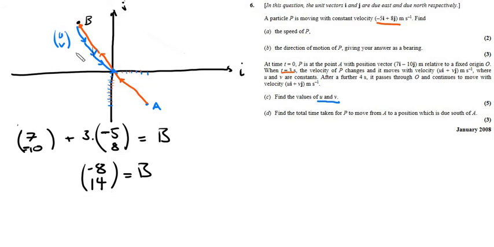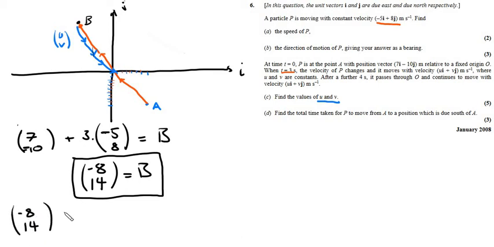And so how do we find (u, v)? Well, we know that B is our starting position for the new velocity. So we can use a similar equation to this one here. So (-8, 14), we know that the particle p arrives at the origin after 4 seconds, plus 4 seconds times (u, v) is going to equal, well, it's arriving back at the origin, so it's going to equal (0, 0).